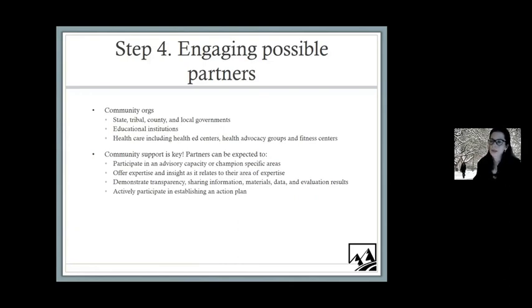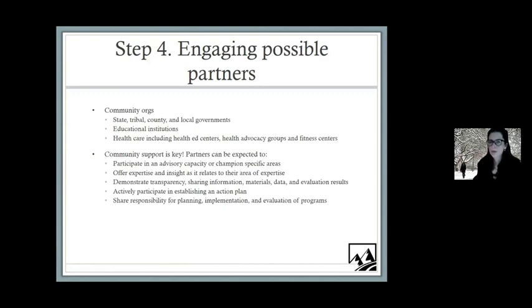Also, having stakeholders actively participate in establishing an action plan is great, because you get people to help you, and that helps them buy in. And you know, there's abundant research and evidence out there that these things do advance programs toward reaching their initiatives.